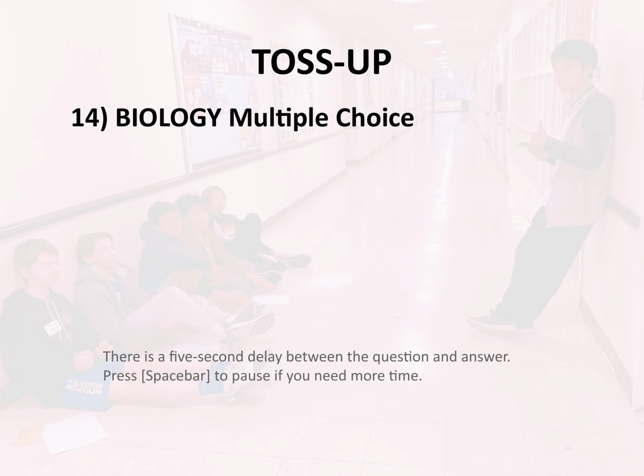Toss-up 14. Biology. Multiple choice. Electroporation of a cell enables which of the following? W. Polar molecules to pass through the plasma membrane. X. Glucose to escape the plasma membrane.